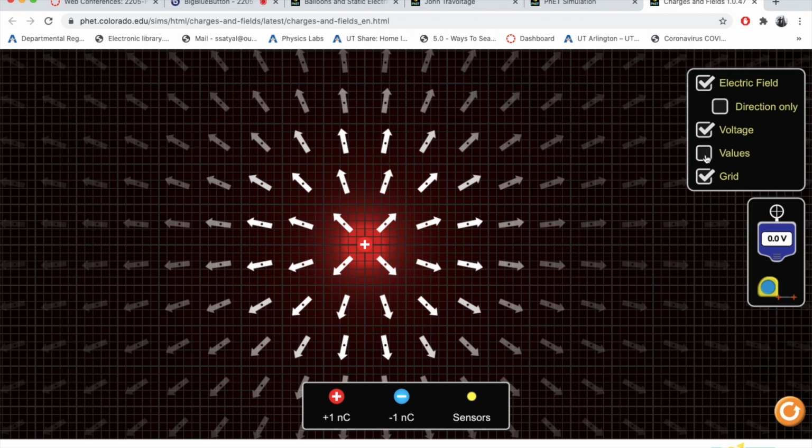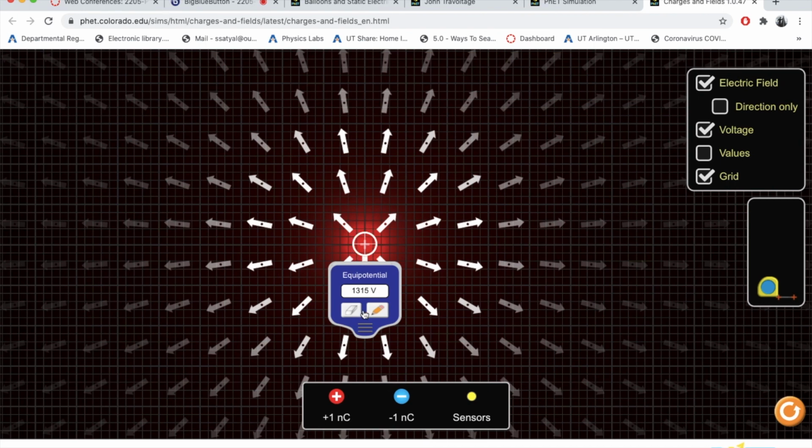And what else can I do? I can measure potential. This device helps me measure the potential at any point. I'm going to put it at the center of the crosshair, and I get about, wow, that's a lot of charge, a little over 1,000.